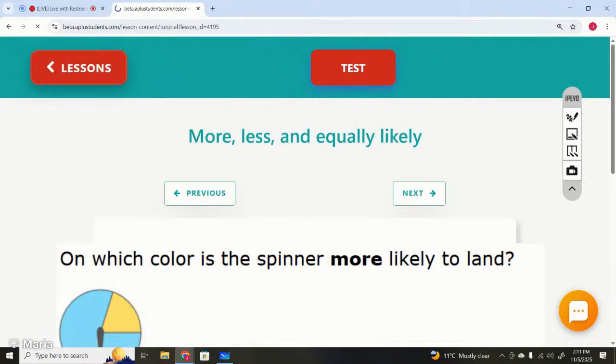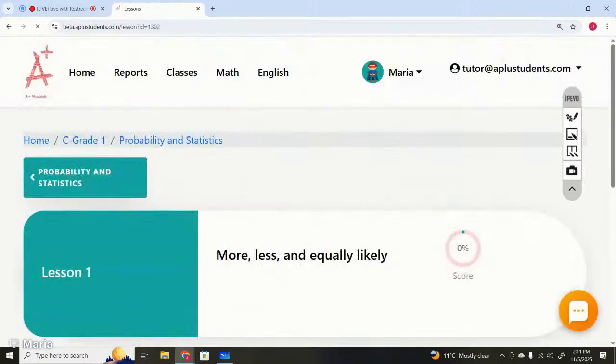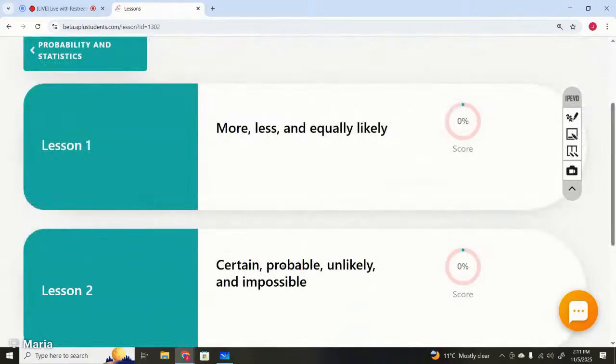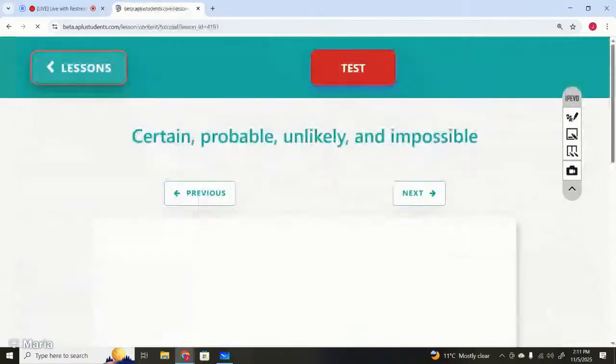The next lesson is certain, probable, unlikely, and improbable.